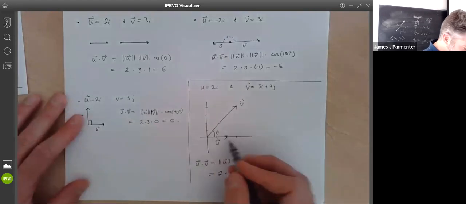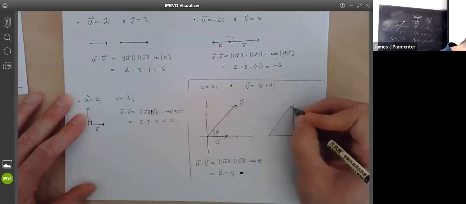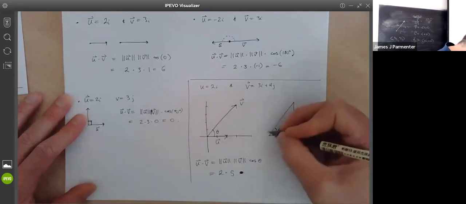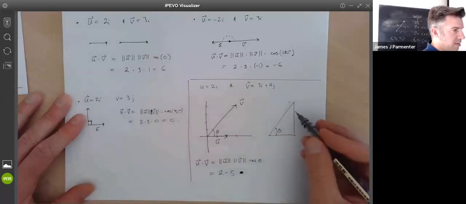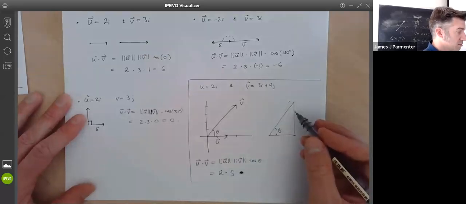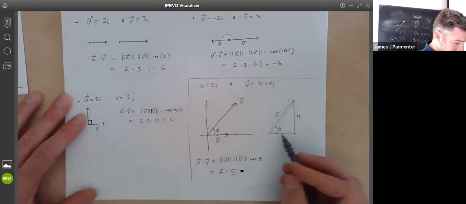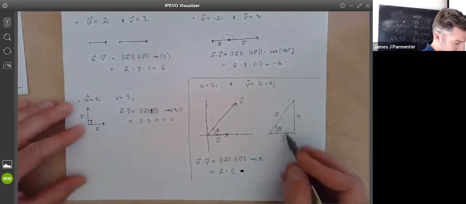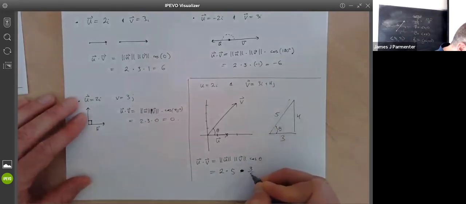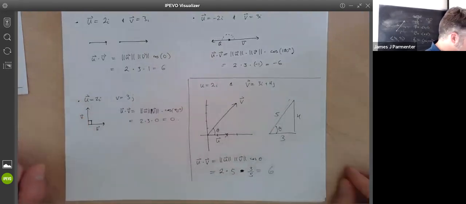Well, if we draw the little triangle here, if that vector is the vector v, then we went over 3 and up 4. Hypotenuse is 5. Cosine of that angle, we can totally find using regular trig stuff. Cosine is adjacent over hypotenuse, which is going to be 3/5. The 5's cancel and we get 2 times 3, which is 6.